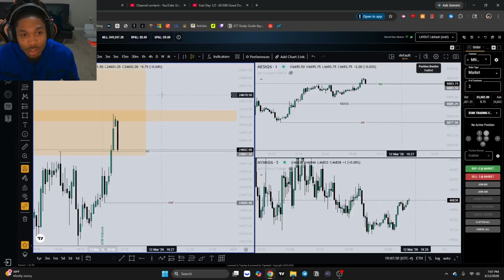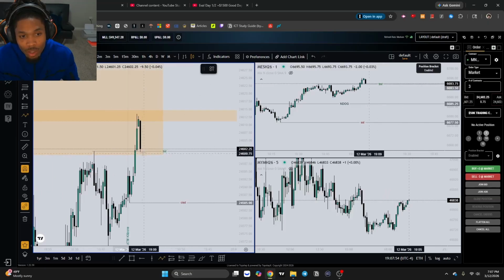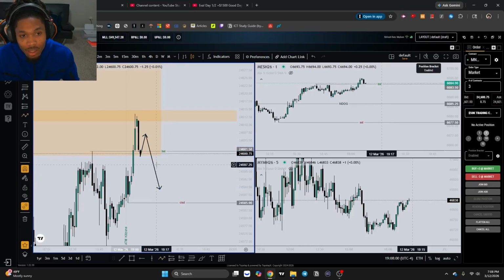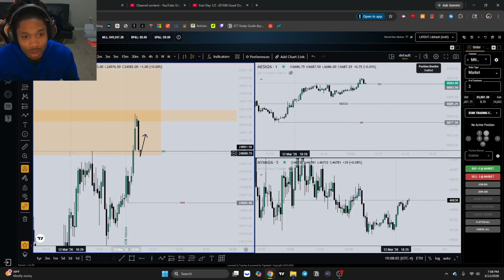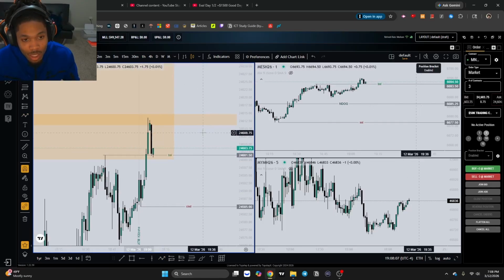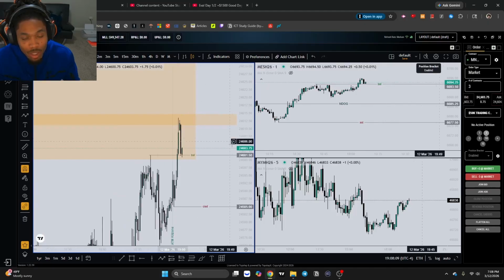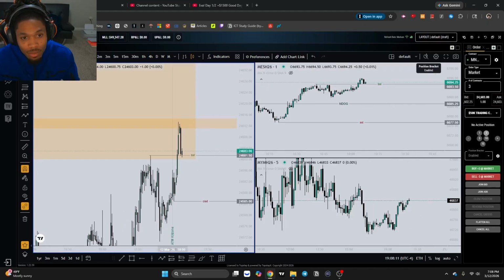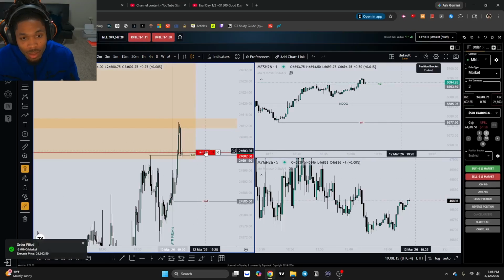Ideally, I'd want to get my entry. If we close below right here and then re-tap into this area, I'd want to do something like this. There we go, we tap into it. If we push back lower, order filled.